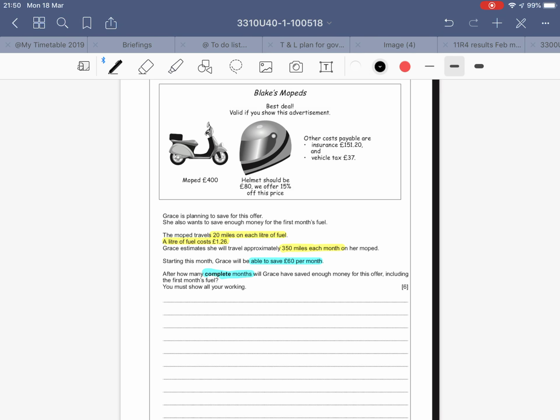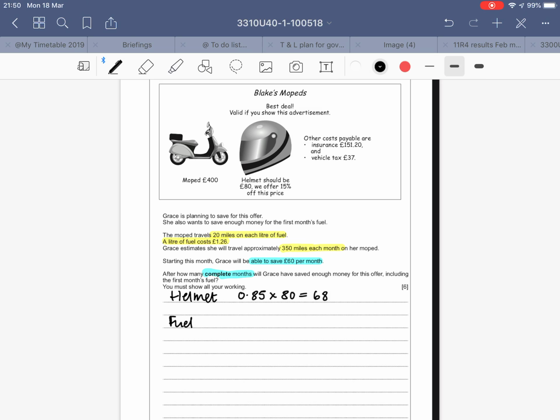Right, so costs are, first of all, let's work out the cost of the helmet. The helmet is offered at a 15% discount, so I only have to pay 85% of the cost of that helmet, which means I'm getting that helmet for a bargain price of £68.